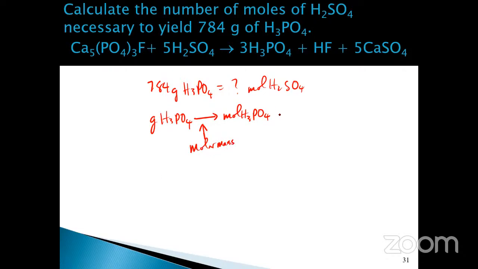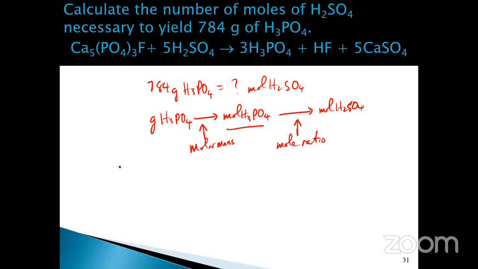Then the next step is where you convert the moles of phosphoric acid to moles of H2SO4. And in order to do that, you're going to need a conversion factor which represents the mole ratio between the phosphoric acid and the sulfuric acid.